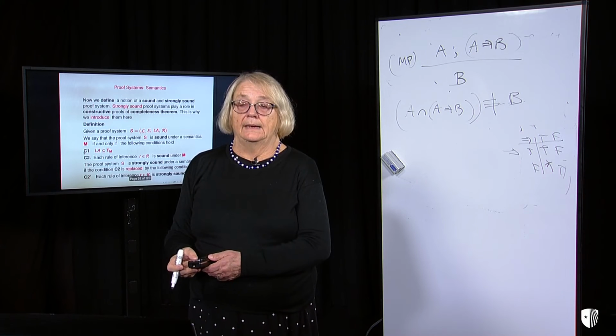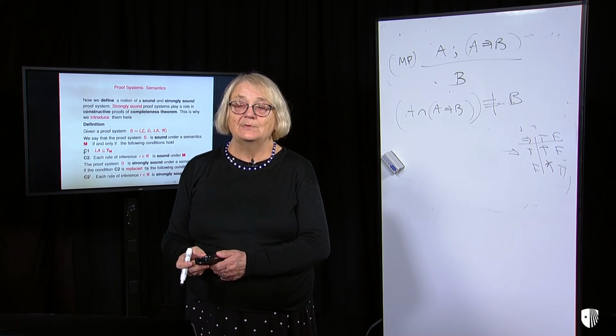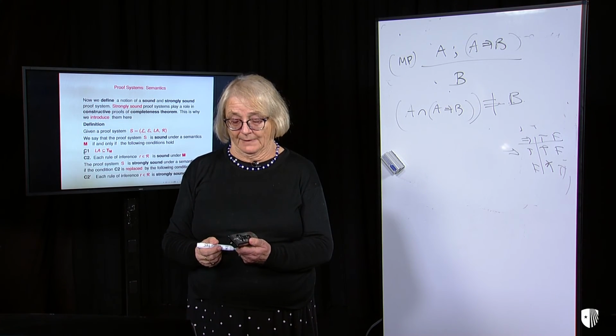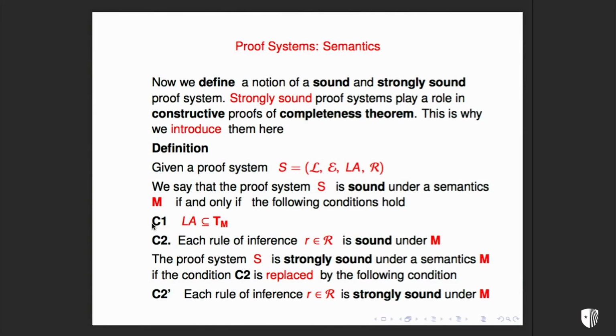All right, so the strong soundness we defined formally, given a proof system, has two conditions. The system is strongly sound if logical axioms are tautologies, and everything is relative to the semantics, and each rule of inference is sound under the semantics.